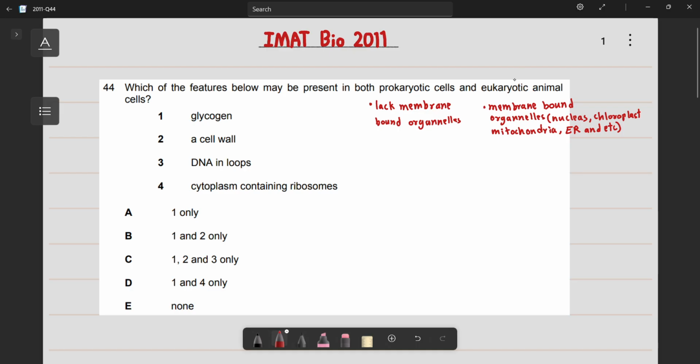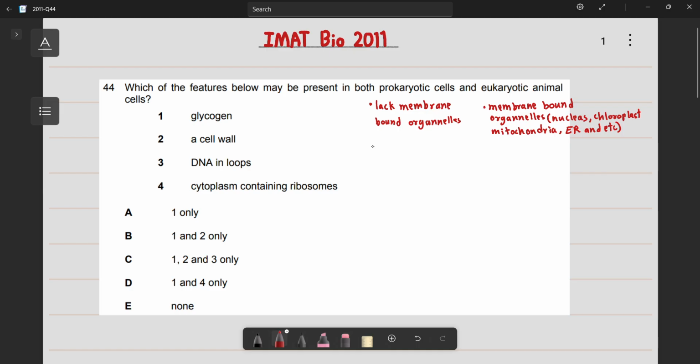There are many of them apart from animal cells, so I'm just being generalized. Eukaryotic organisms have an extensive amount of membrane-bound organelles to help carry out more complex functions, but prokaryotes lack membrane-bound organelles. That's the difference you must know.